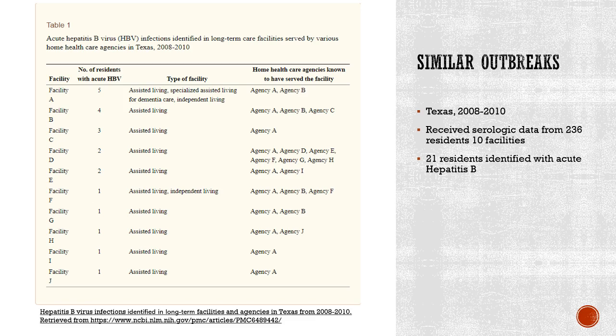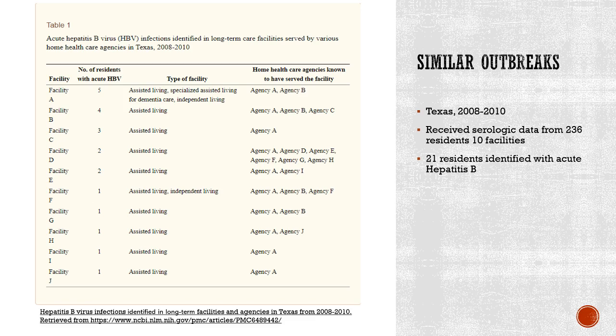One common theme about the facilities, shown in table 1, was that one of the agencies, Agency A, provided nurses to all the facilities for diabetic care. These nurses reported that residents in the facility shared a single reused fingerstick device that was designed for single use only.